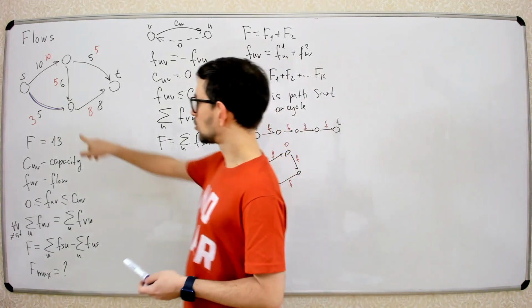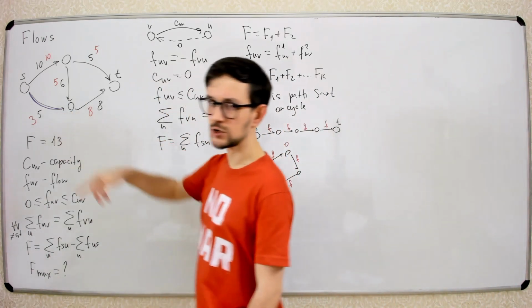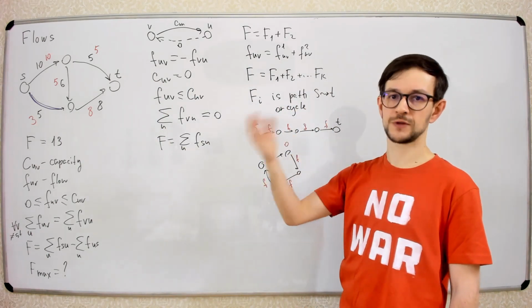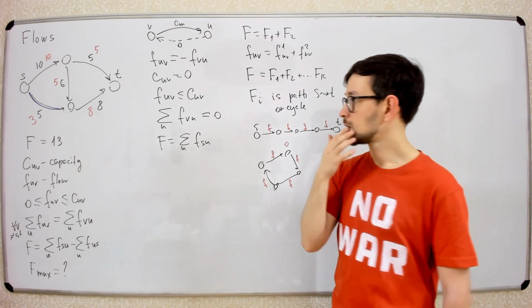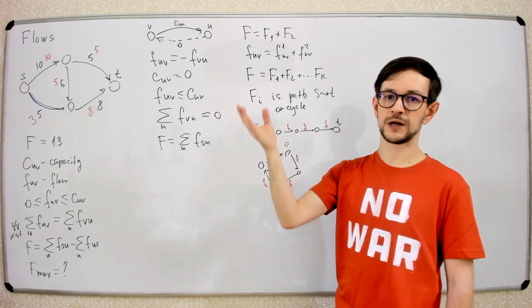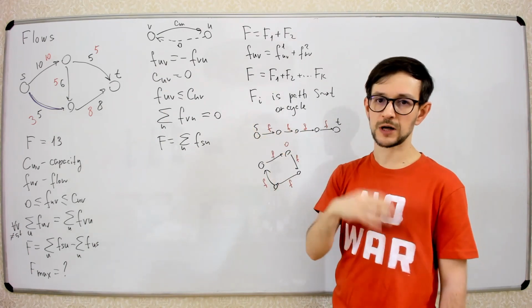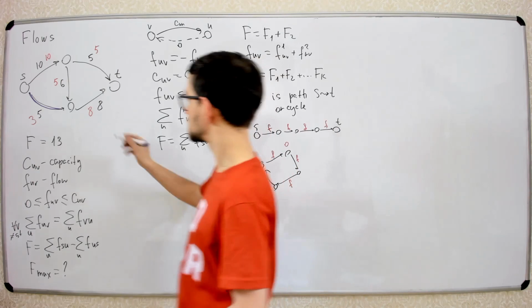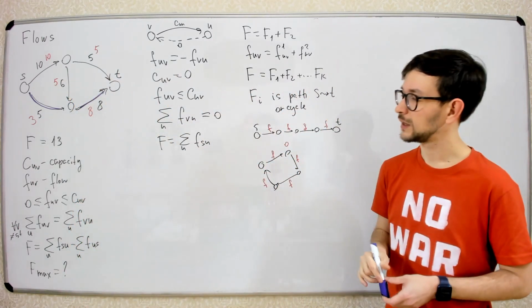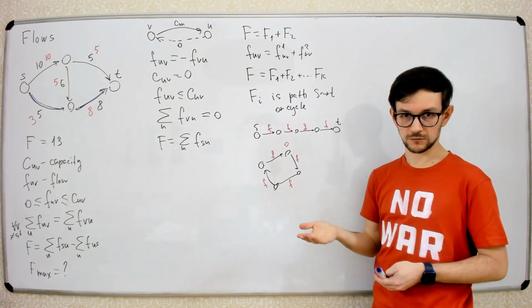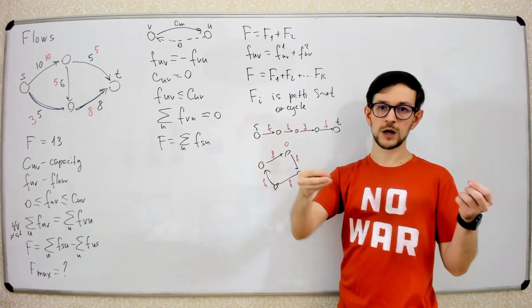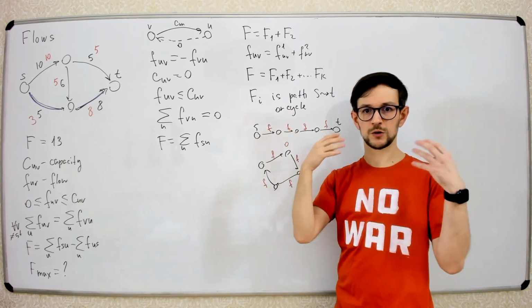Now, if you go to some node and you have an ingoing edge with positive flow, then there must be another edge with positive flow going out of this node because the balance is 0. So let's take any outgoing edge with positive flow, for example, this edge, that's the only one. Now you reach vertex T. It means you found a path from S to T such that all flows on the edges of this path are positive.